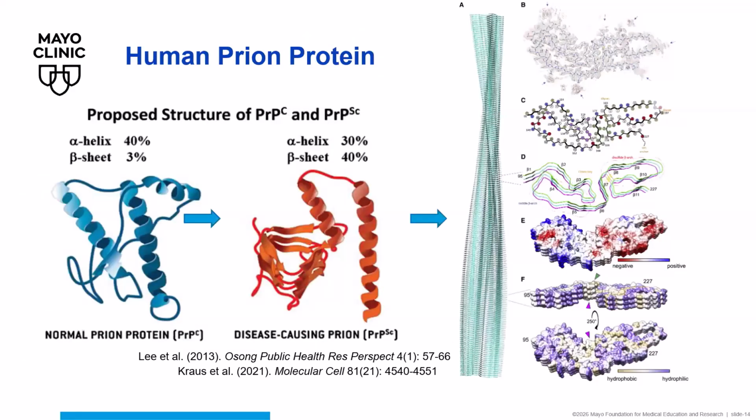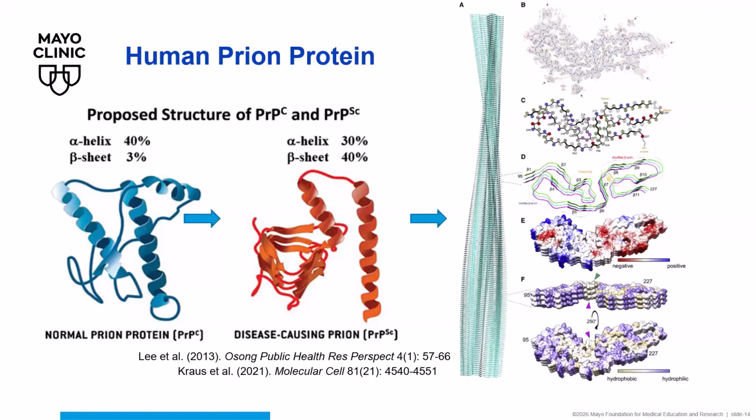The interesting thing about the prion is that in its healthy, normal, biologically active form, it's predominated by alpha helices. About 40% of its secondary structure is actually alpha helix. However, in the scrapie form, the disease form, this protein gets converted to a predominantly beta sheet form.